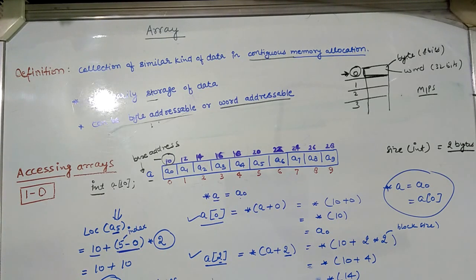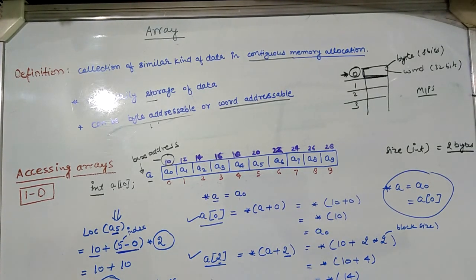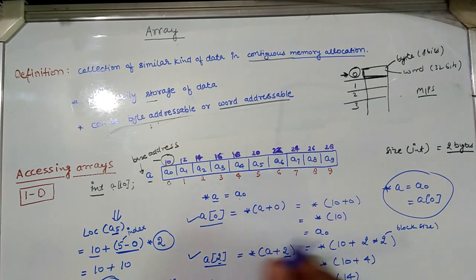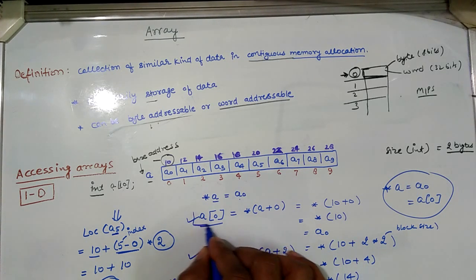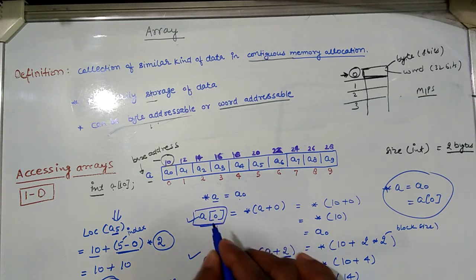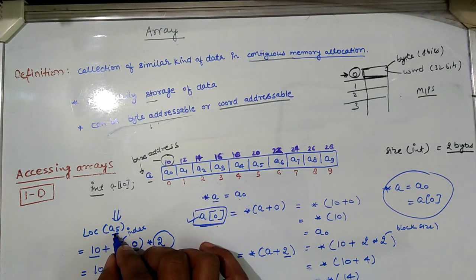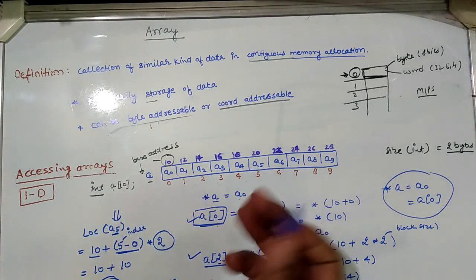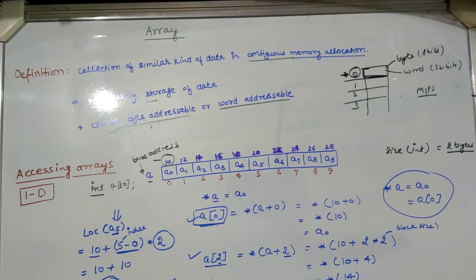Then only we can figure out the address or location of the element. Okay, so this is all about how we can access arrays, means how we can figure out the value at a particular index, or how we can find out the address of a particular value. Both are important. Now let's try with some examples.